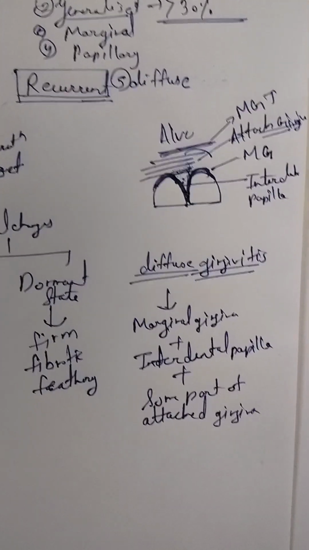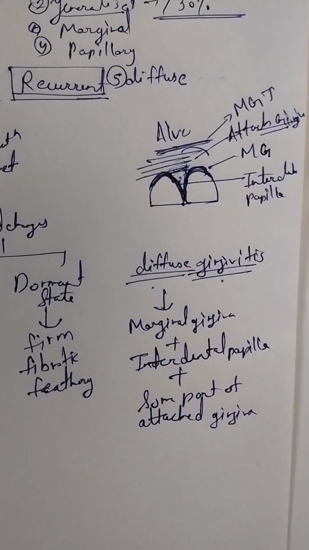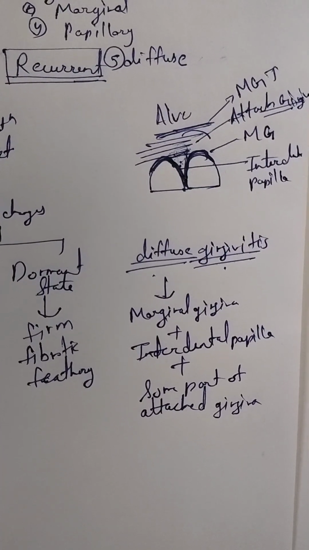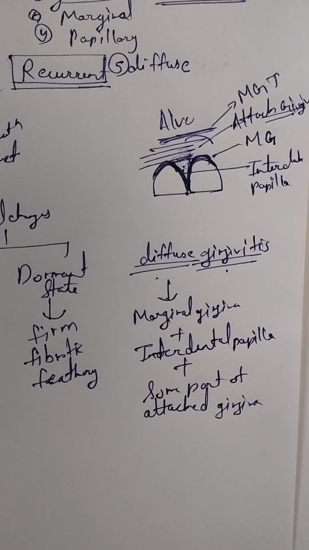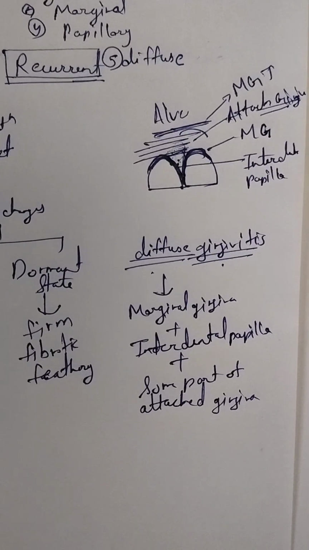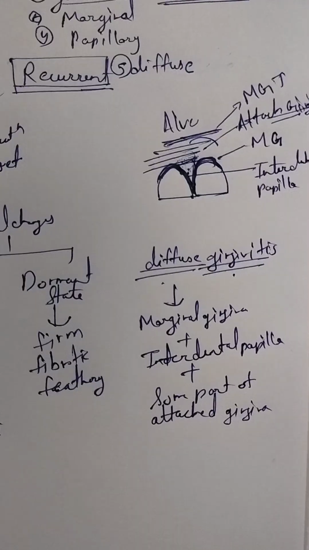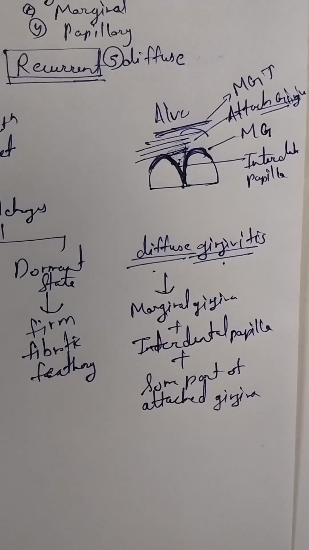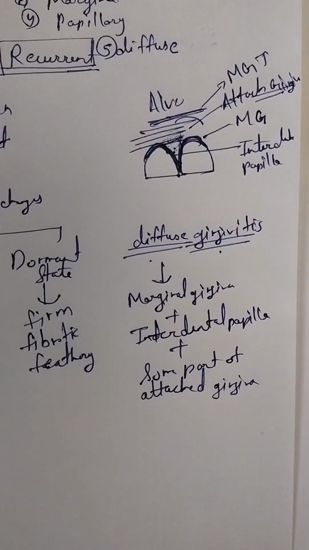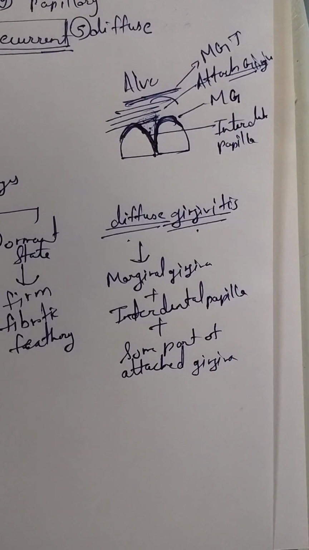So it is called diffuse gingivitis. In Dental Pulse, there is one MCQ in which the options are given and one answer is wrong. So look at this MCQ very carefully and solve it as per this concept.